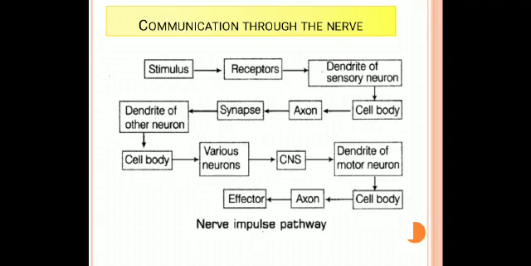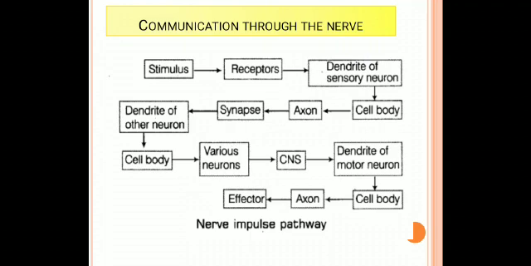In the axon terminal, as I told you, the synapse or synaptic cleft is present. In the synaptic cleft, neurotransmitters are present. These neurotransmitters are released in the synaptic cleft.